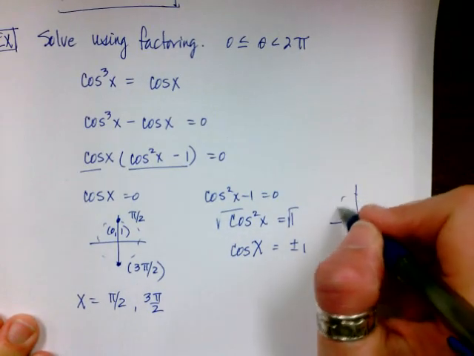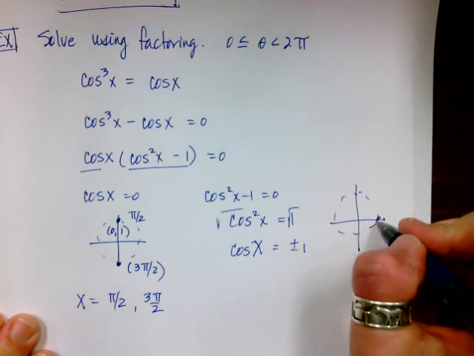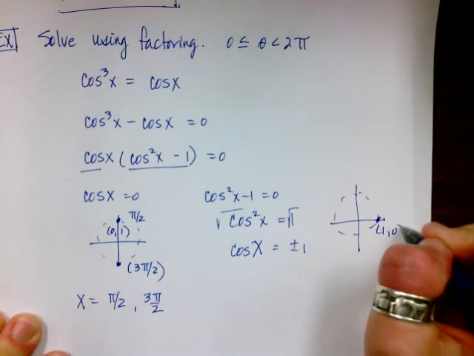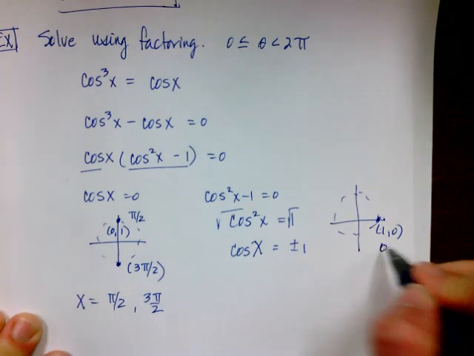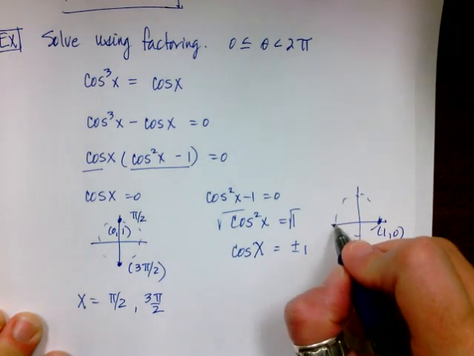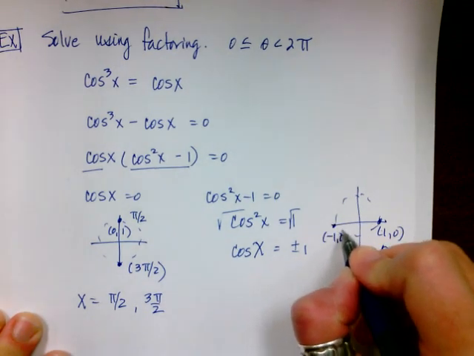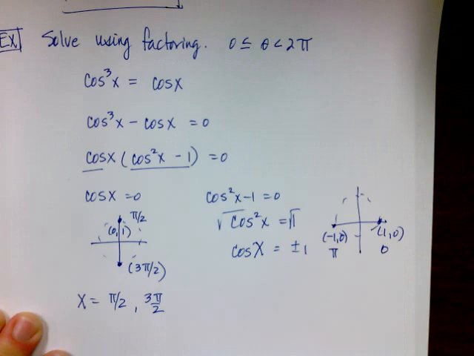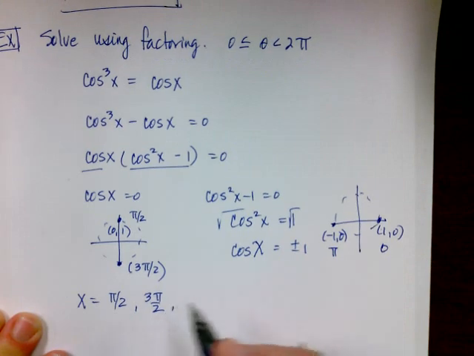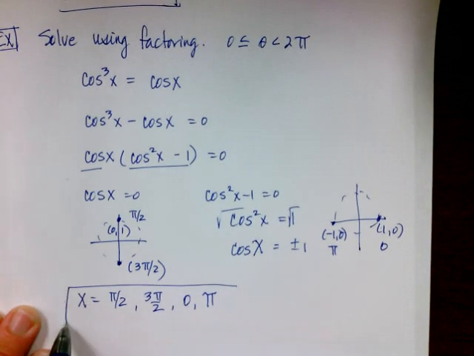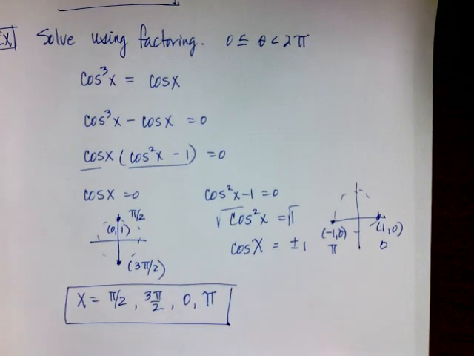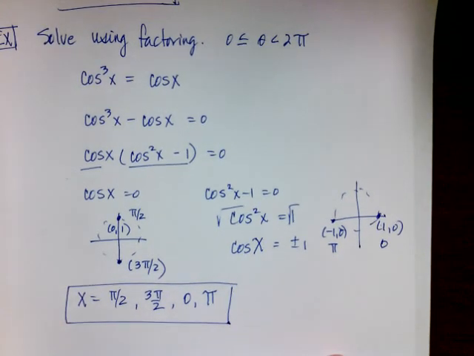From the second one, here's my unit circle. This point has coordinates (1, 0), so this is 0 radians. And then this point over here is (-1, 0), and at that point my angle is theta, or sorry, pi. So now I'm going to have 0 and pi. Those would be the four different places that satisfy my equation.